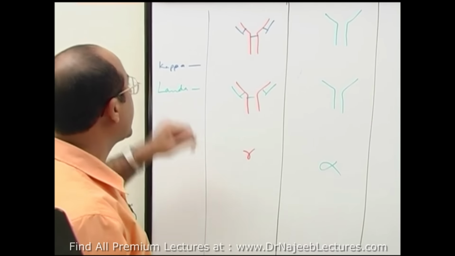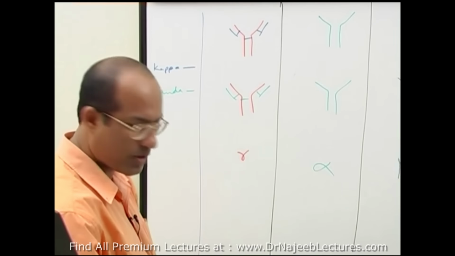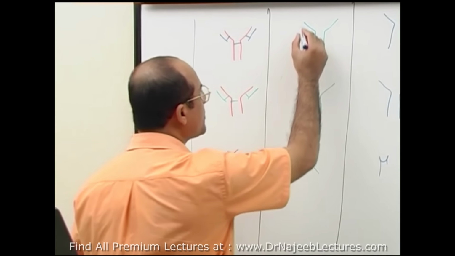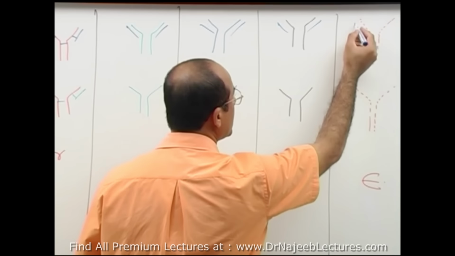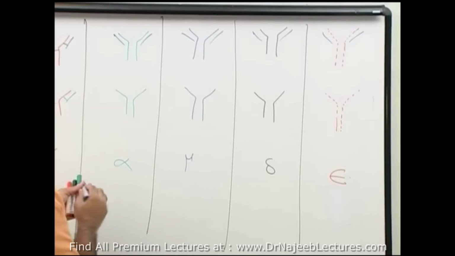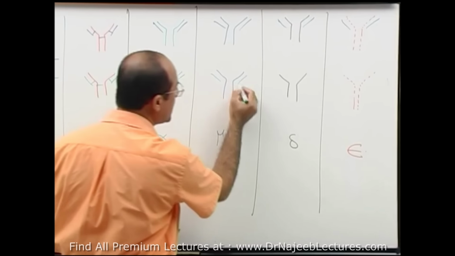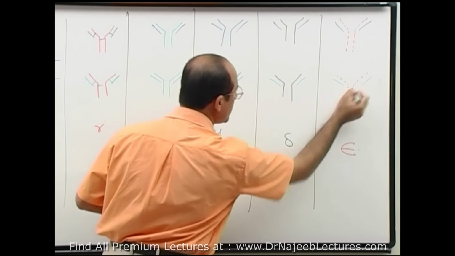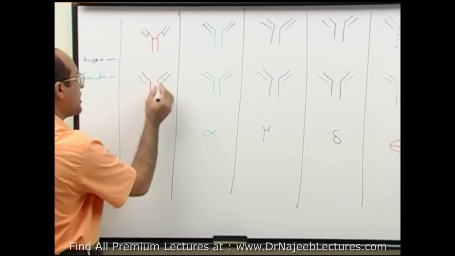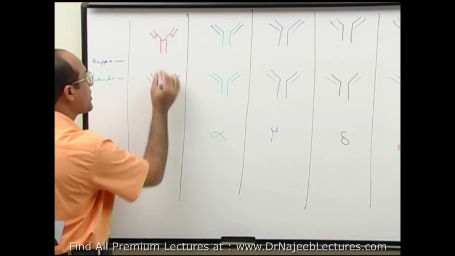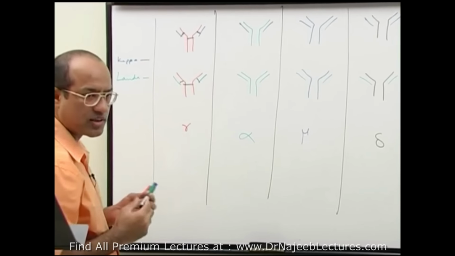So actually kappa and lambda light chains are present in every group. So we can say some of the molecules in every group will be having kappa light chains, and some of the molecules will be having lambda light chains. Is that right? And of course you are so intelligent, all of them are held together by disulfide bonds. There is no need to draw it, you understand it.